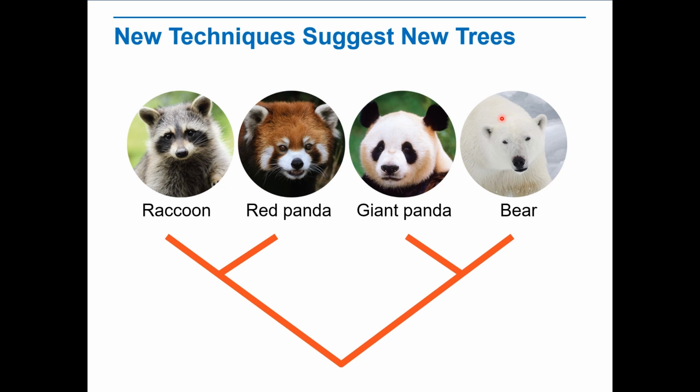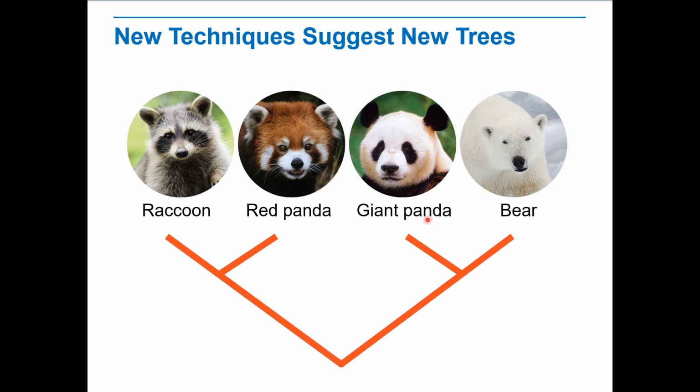What happened to the red panda? It's actually placed in a different clade than the giant panda. Even though they share some similar characteristics and live in fairly similar habitats, we can see that the red panda is actually in a different clade that branched off back here.